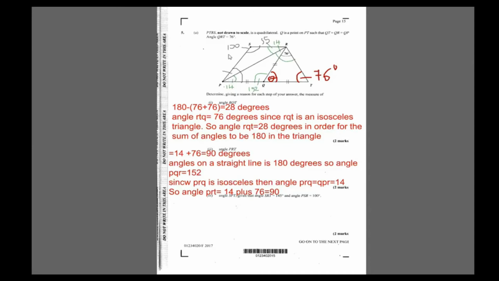But this small angle is going to be 180 minus 155, which is 25. So 25 plus 14 degrees will give us angle SPT.